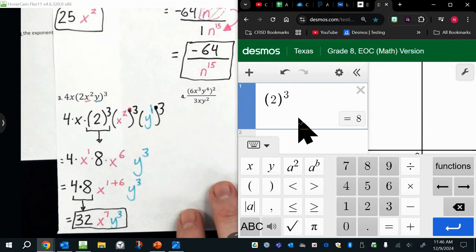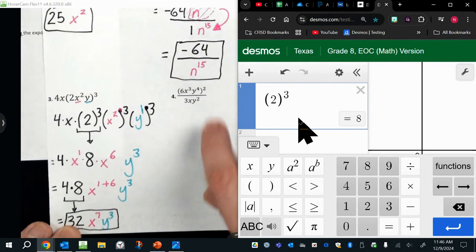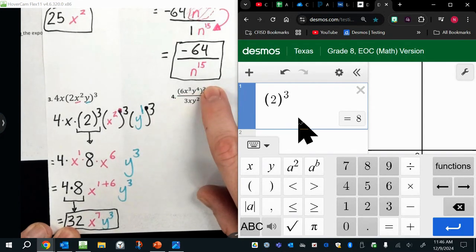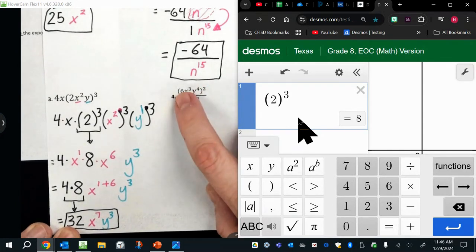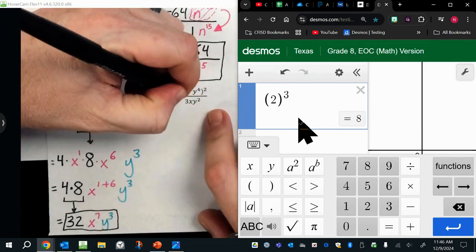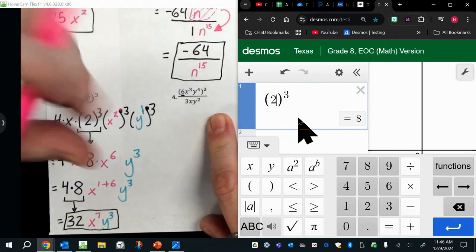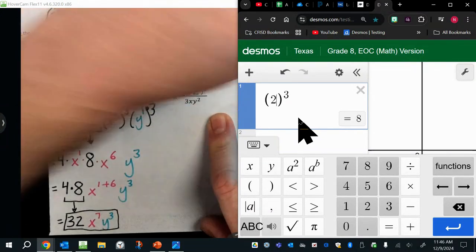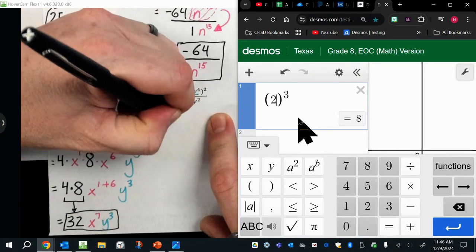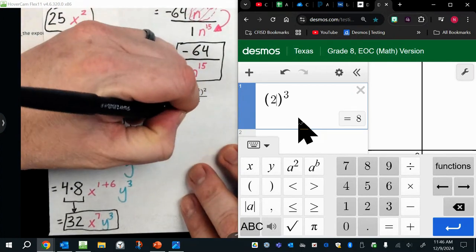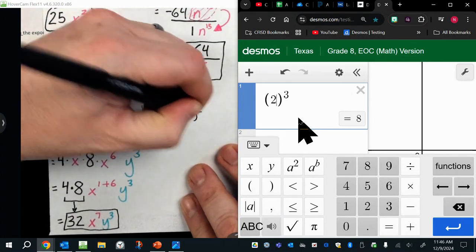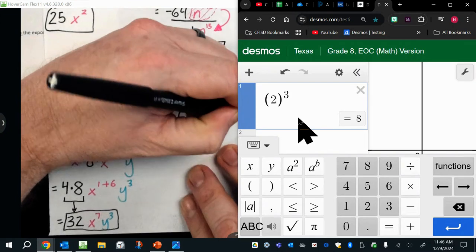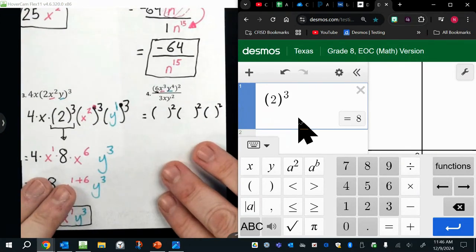All right, let's take a look at one more thing. Again, only the numerator is raised to a power of 2. And there are 3 things in the numerator. There is a 6, an x cubed, and a y to the 4th. So I am going to write 3 parentheses raised to the power of 2 and put each thing in there.